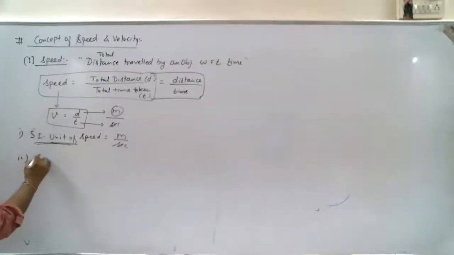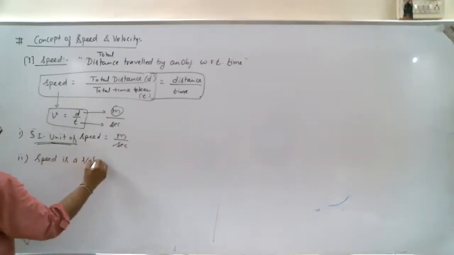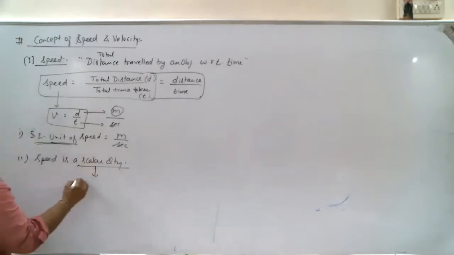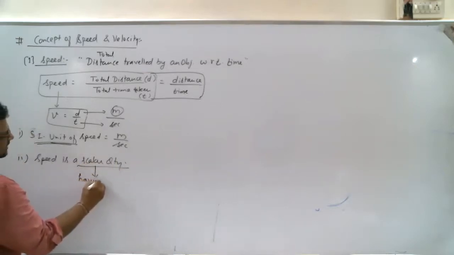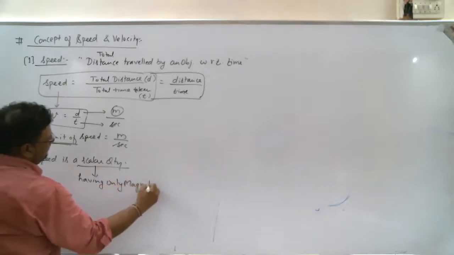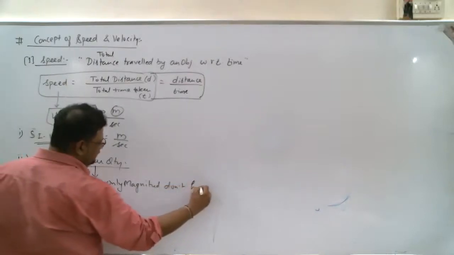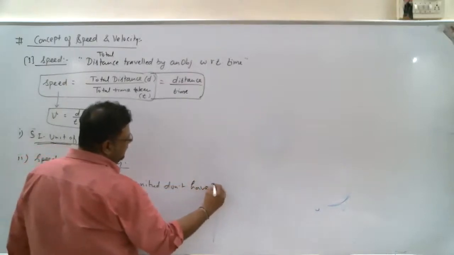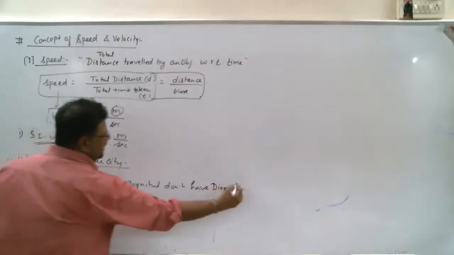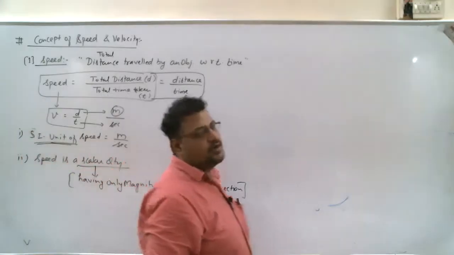Another point, speed is a scalar quantity. Which kind of quantity? Scalar quantity. What do we understand by scalar quantities? Those quantities which are having only magnitude, but do not require any direction to express them. Such quantities are called scalar quantities. Again, I am repeating, what is scalar quantity?